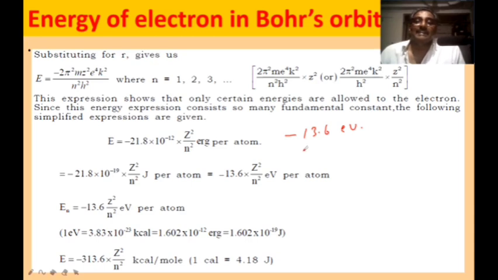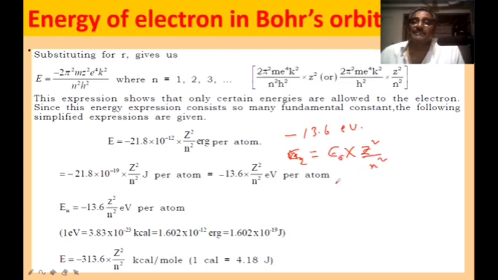The energy of electron in the second orbit, E2, is equal to E0 into Z square by N square.